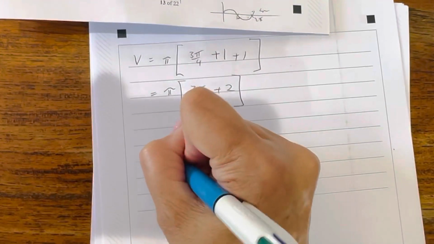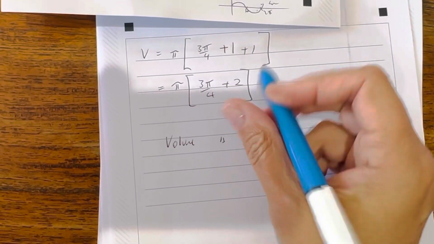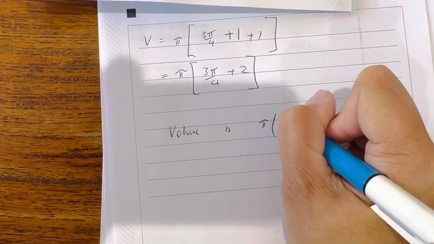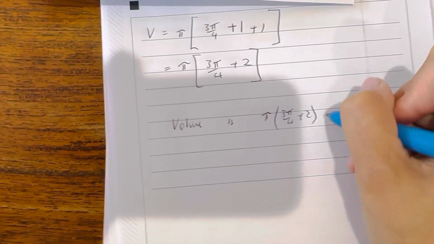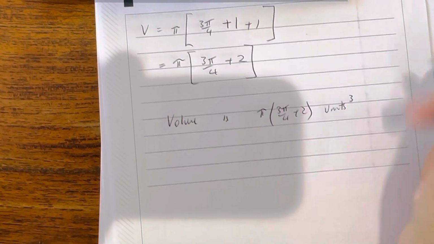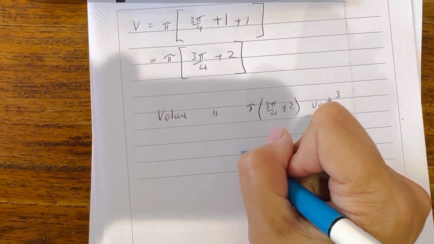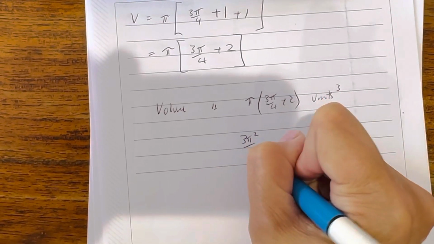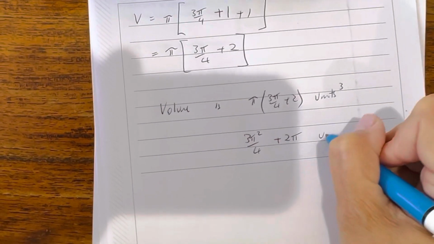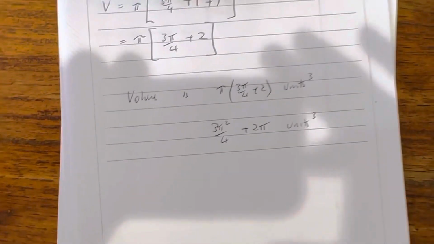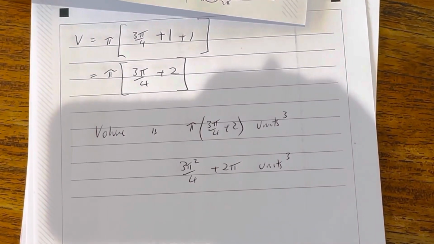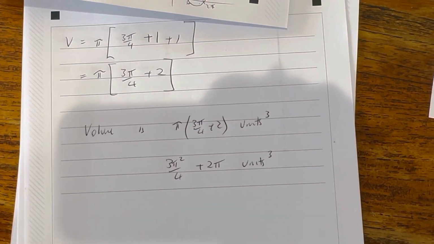So the volume is, you can write that as pi (3 pi on 4 plus 2) units cubed. If you'd written it as 3 pi squared on 4 plus 2 pi units cubed, that would also be acceptable. That is question 17.